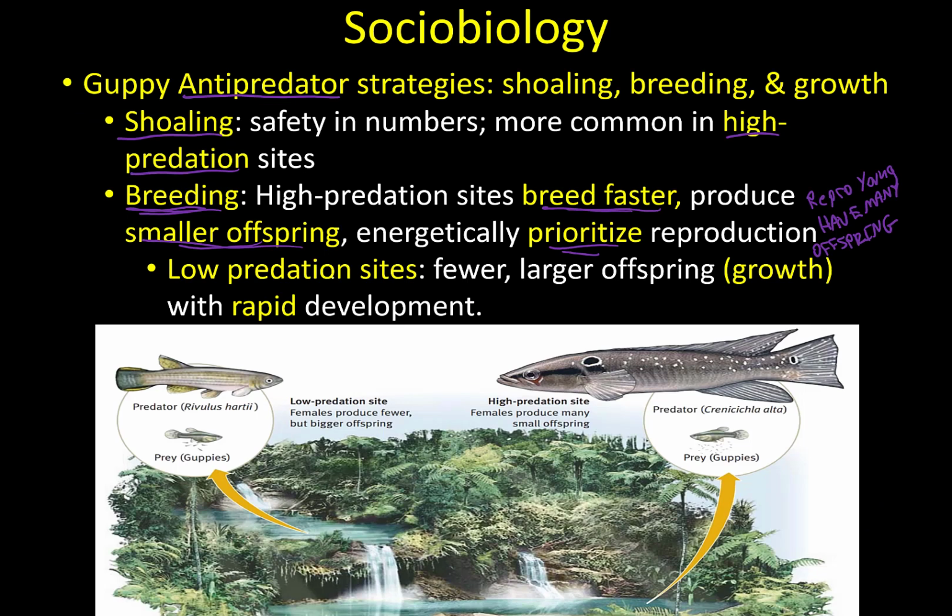Now, at low predation sites, you see a different strategy. Instead of rapid breeding, what you see is emphasis on growth. At low predation sites, guppies have fewer, larger offspring, and they develop rapidly. It means they grow fast. Okay.